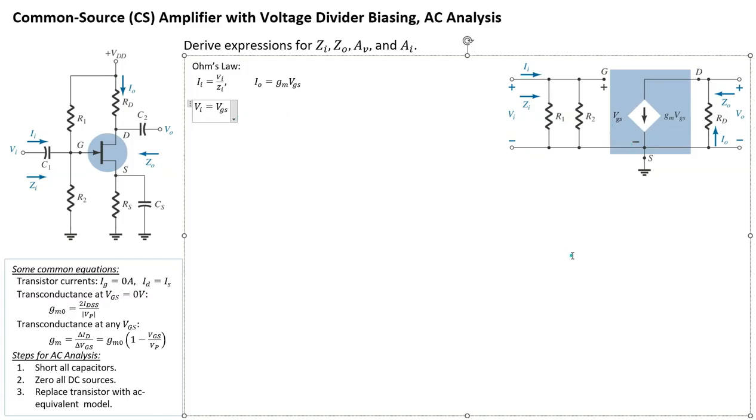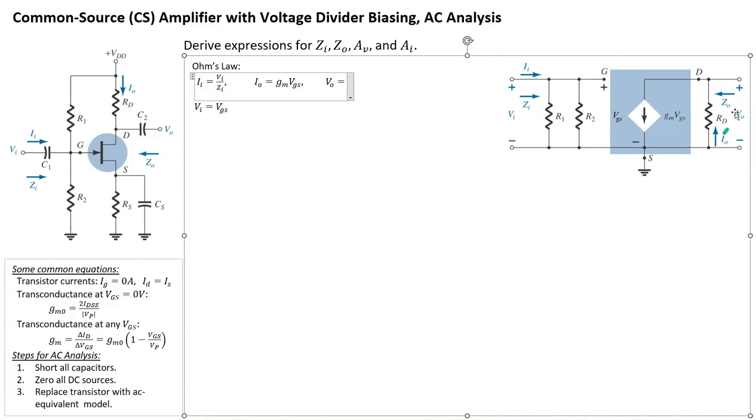And then VO. In terms of Ohm's law, it's the voltage across RD. So V equals IR. I in this case is IO, but in the opposite direction, because our VO is positive pointing up.